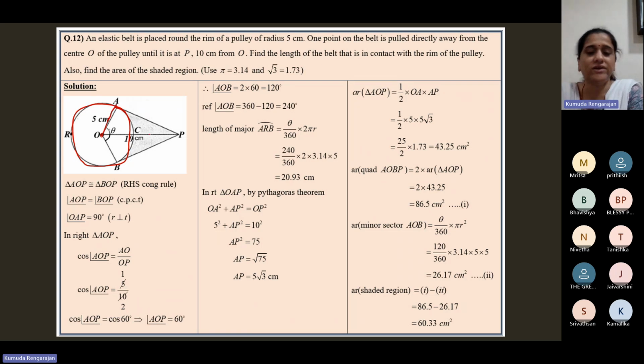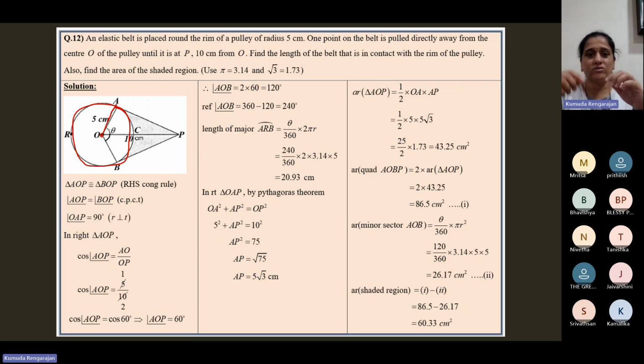See, there's a circular pulley, and there's an elastic belt around the pulley. Now, one point on the belt is pulled directly away from the center O. You pinch the elastic belt a little and stretch it away from the pulley.